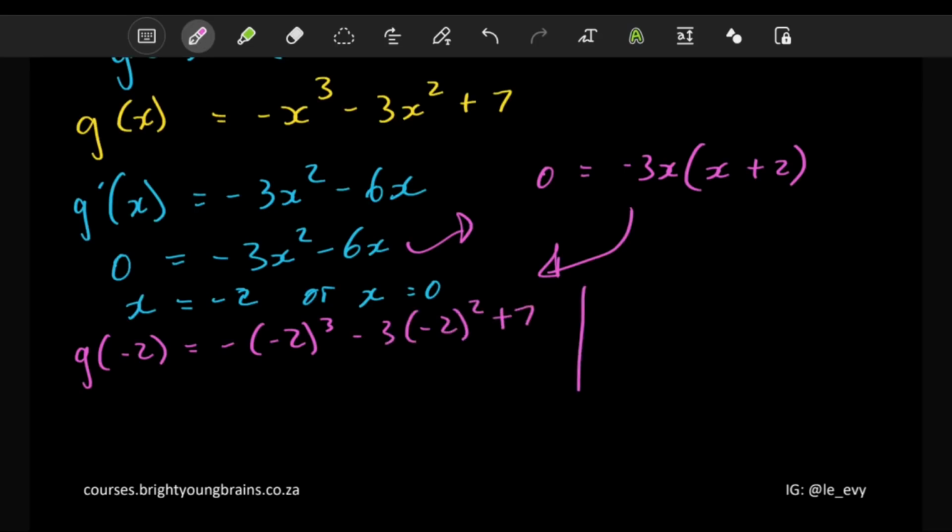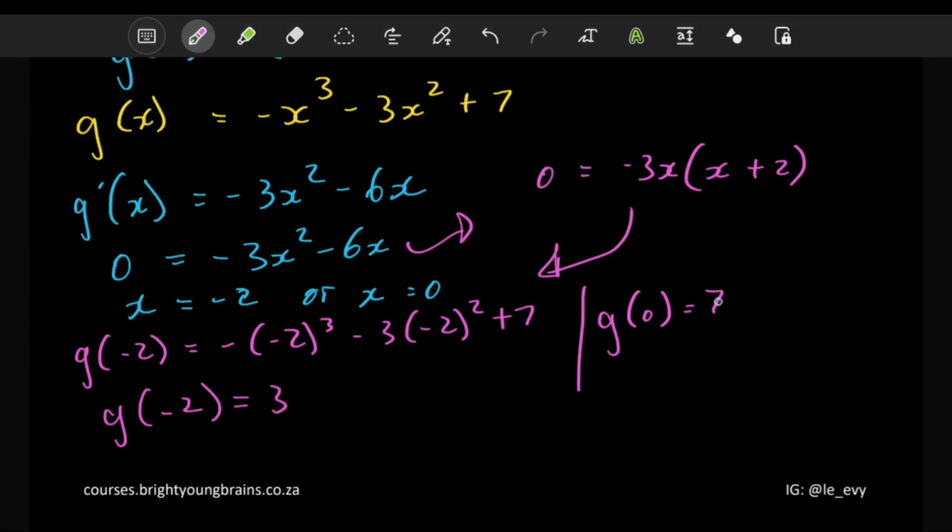The other one, you just throw a 0 in there, and it's going to give you a 7, because 0 is there and 7 is just left. For this one it's not that simple. So you just check which one has the higher y value.